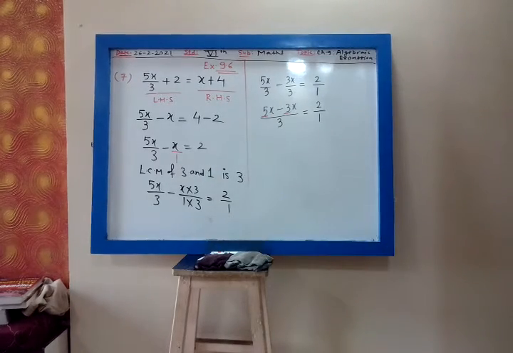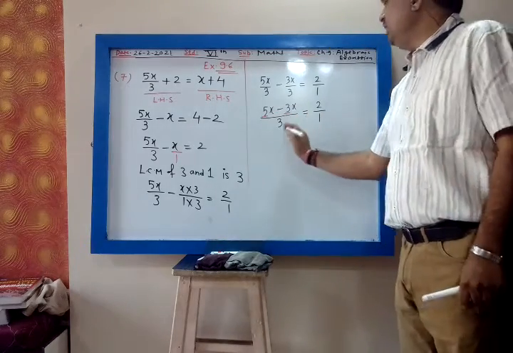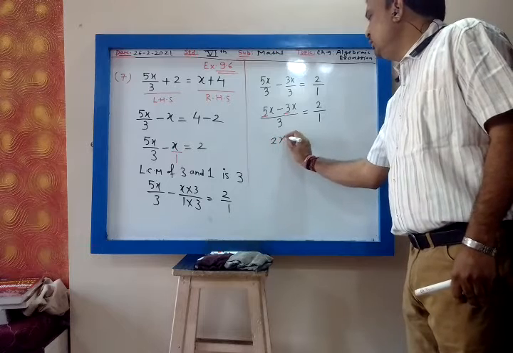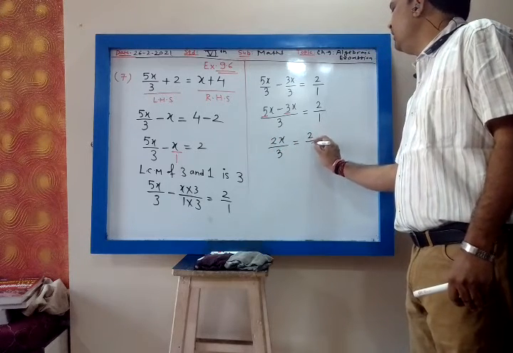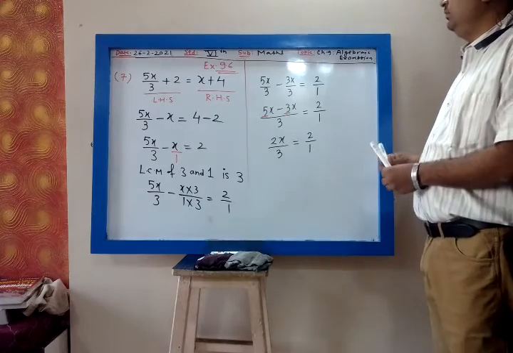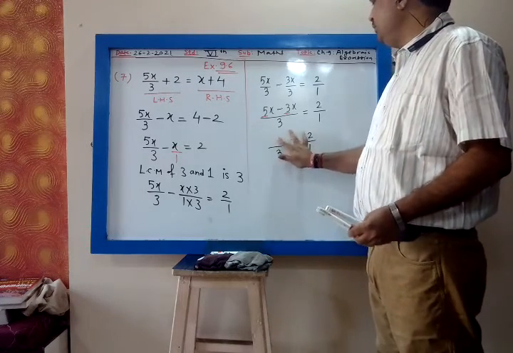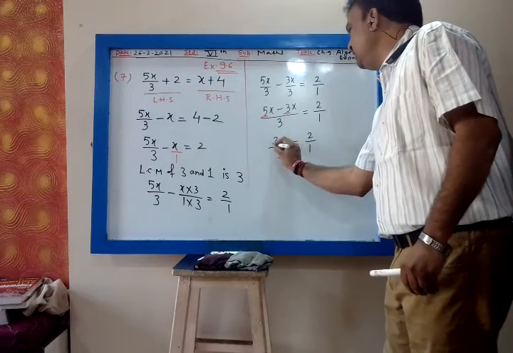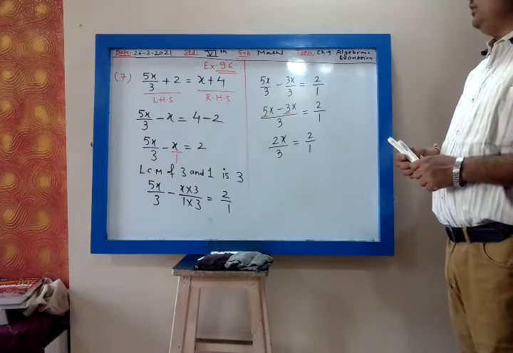So 5x minus 3x, 5 minus 3 is 2x. 2x upon 3 is equal to 2 upon 1. So that becomes 2x upon 3 is equal to 2 upon 1.